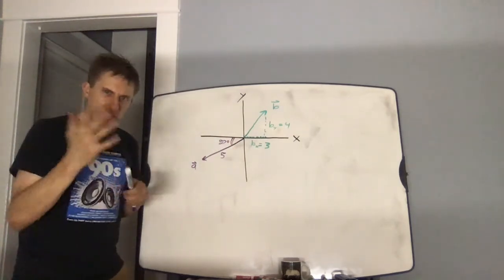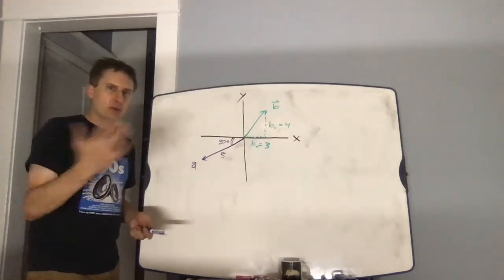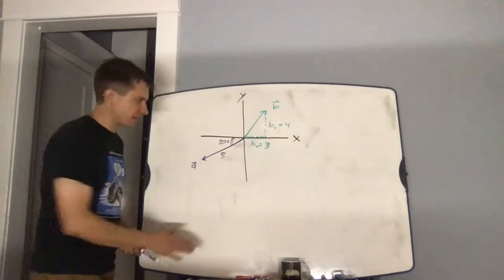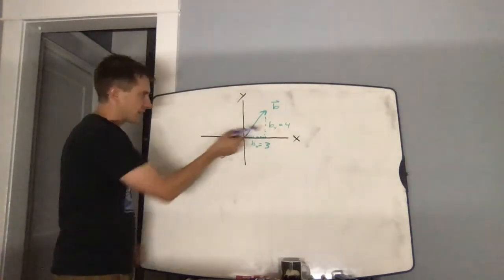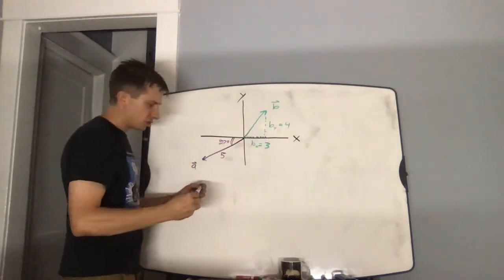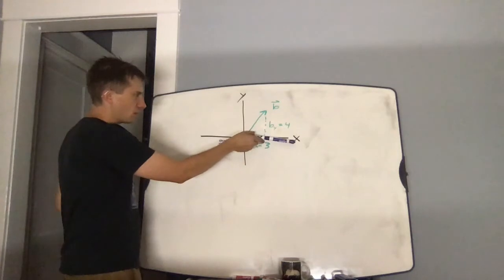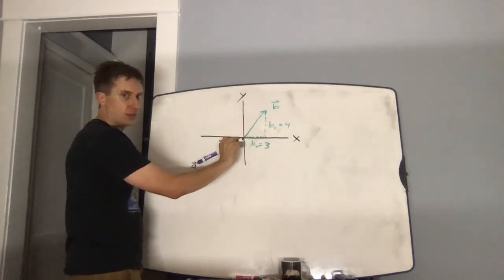Now, how do we find the components of vector a? We could use either of the methods we discussed in previous videos. I'm going to choose to use the method where I begin pointing along the positive x-axis, I begin pointing to the right, and then I will sweep around in a counterclockwise direction until I'm aligned with my vector.